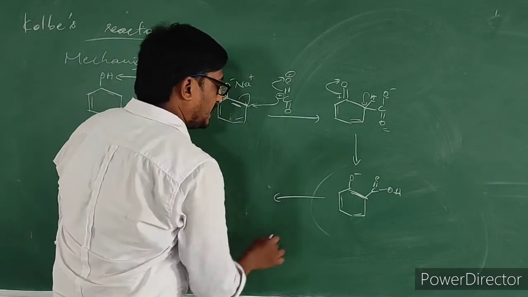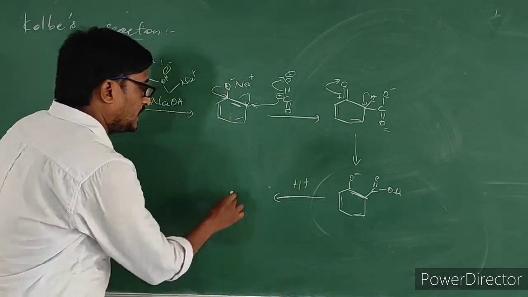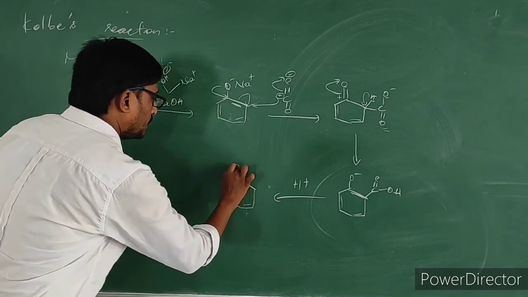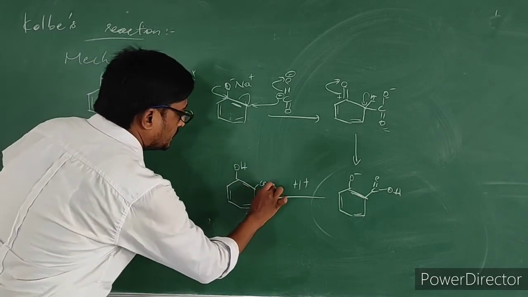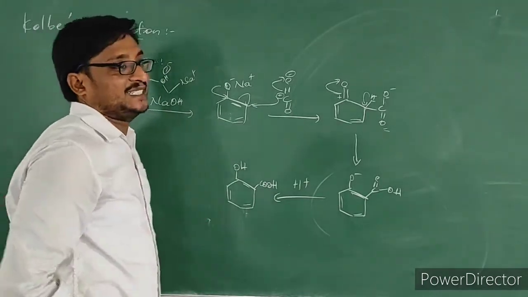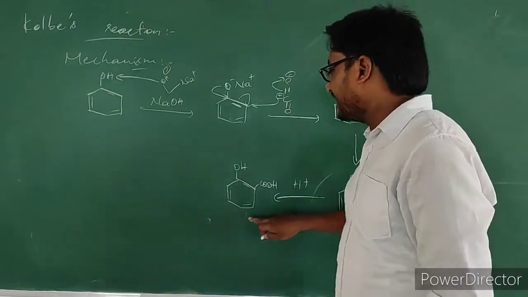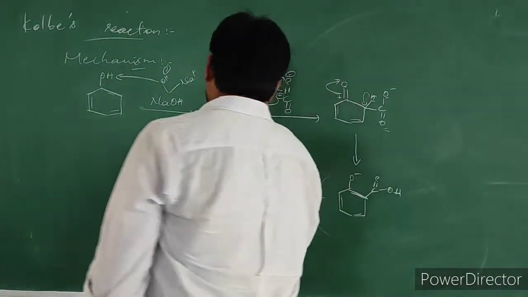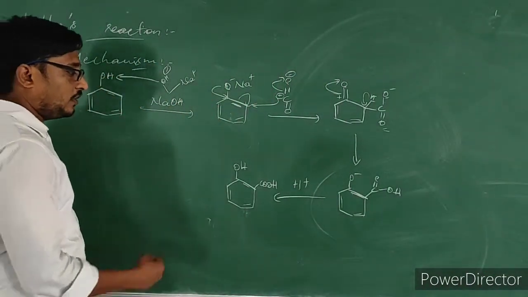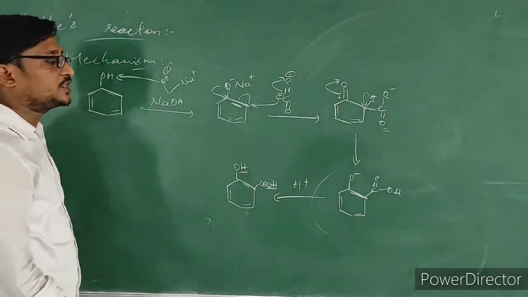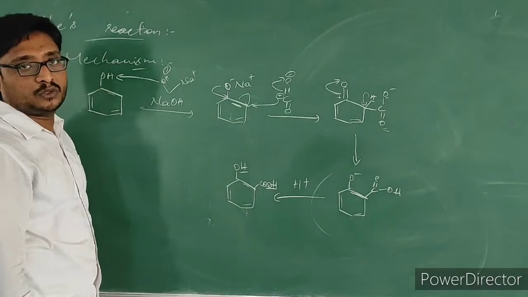This reacts with H plus ions, resulting in the formation of benzoic acid in this way. Sorry, salicylic acid, not benzoic acid. Salicylic acid gets produced. Now the name of this compound: we know that among COOH and OH, the preference is given to the carboxylic group.